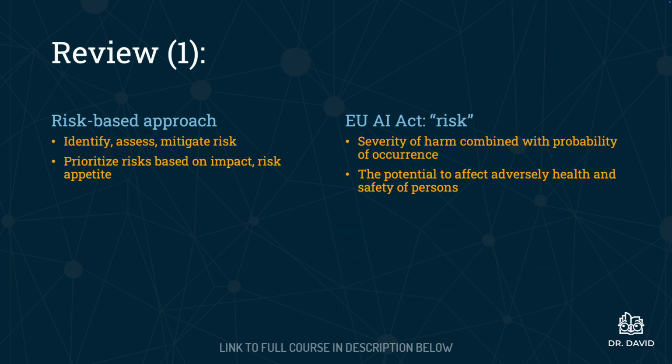In this lecture, we defined risk-based approach in the context of the EU AI Act. A risk-based approach seeks to identify, assess, and mitigate risk, and prioritize risks based on impact and the organization's risk appetite. Risk is understood as the severity of harm combined with probability of occurrence, as well as the potential to affect adversely health and safety of persons.